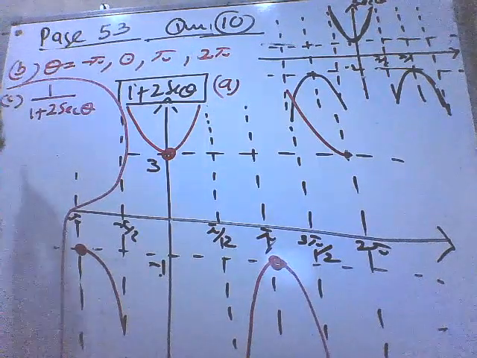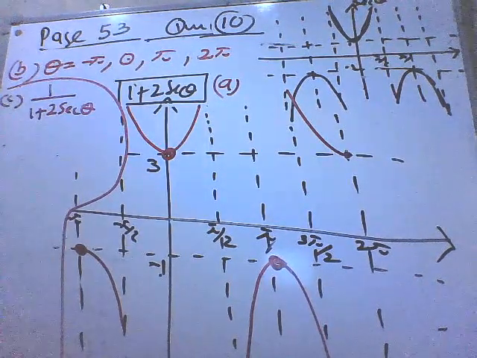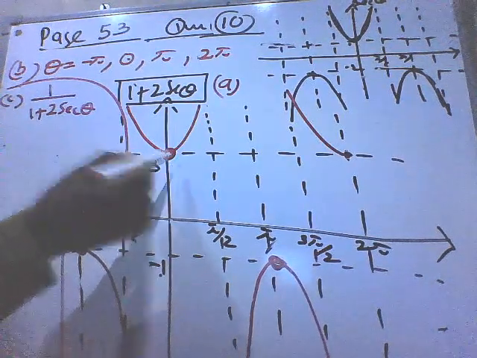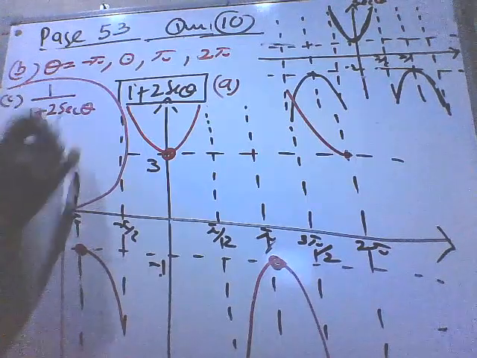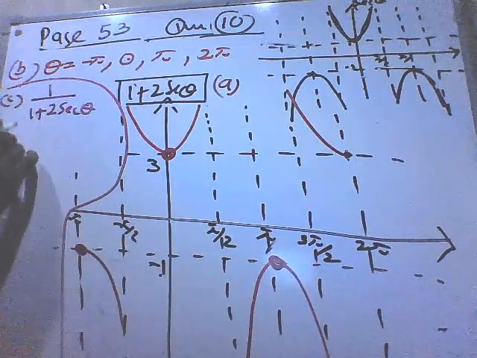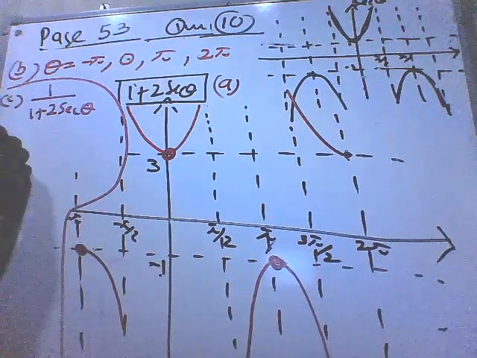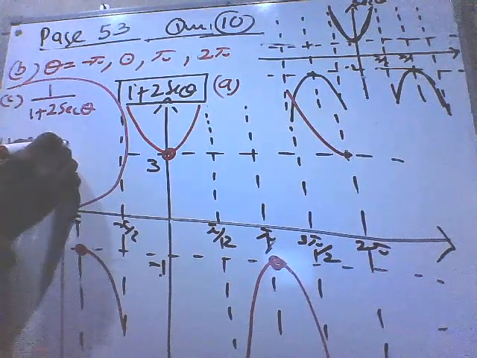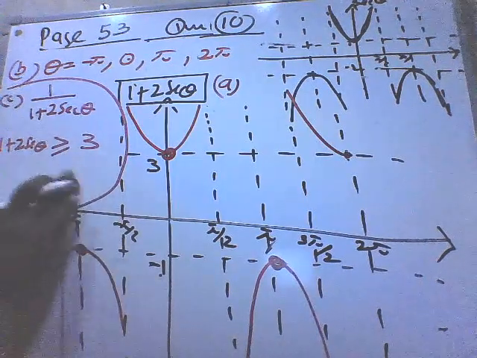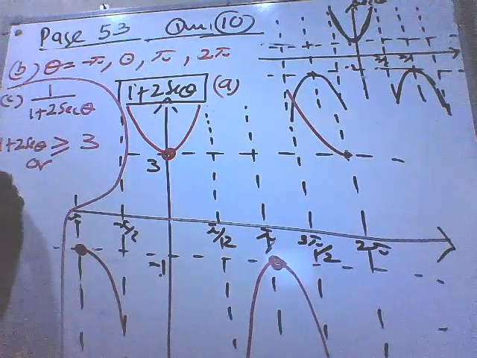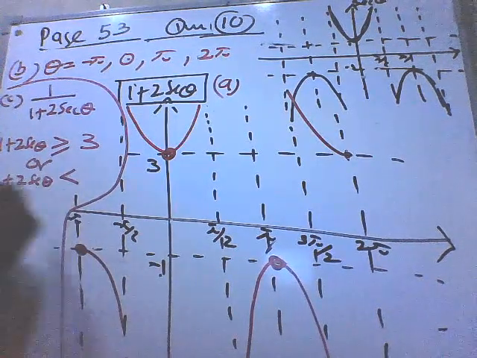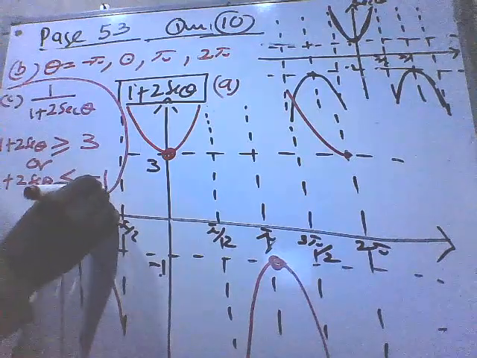But part C, if you consider this, right, x will be in the range of x. Now if you take this y, this will always be 1 plus 2 sec theta greater than or equal to 3, or 1 plus 2 sec theta less than or equal to minus 1.